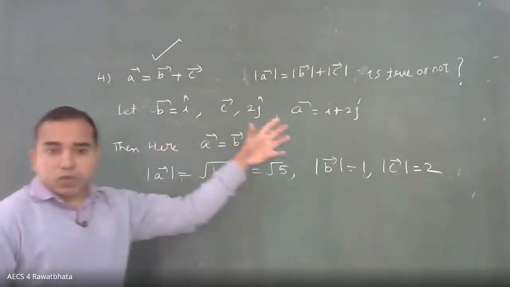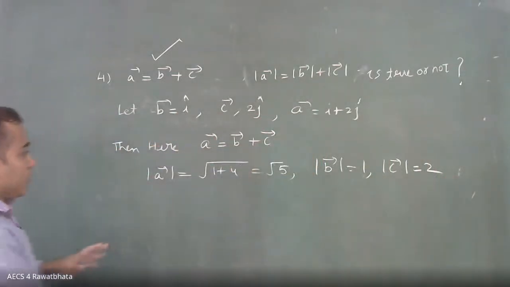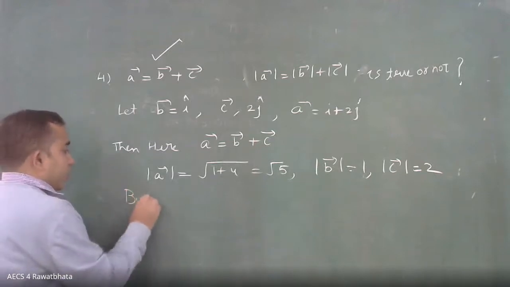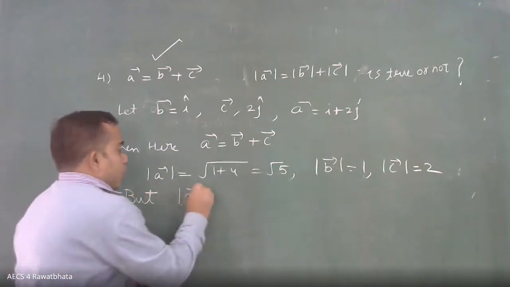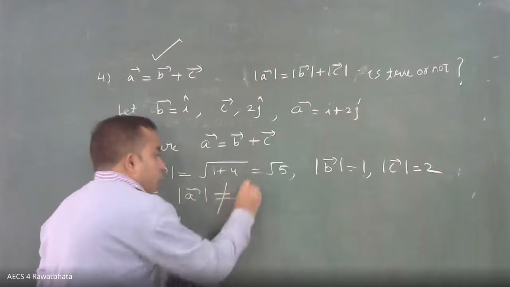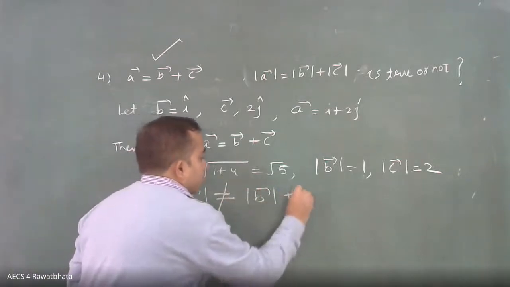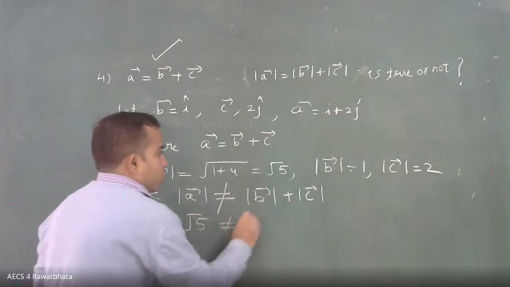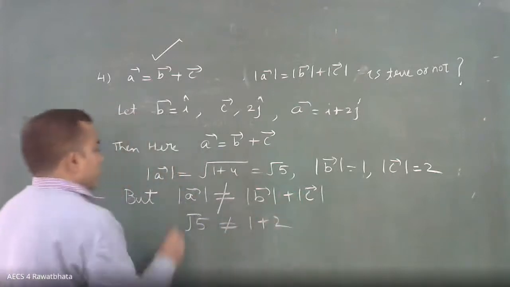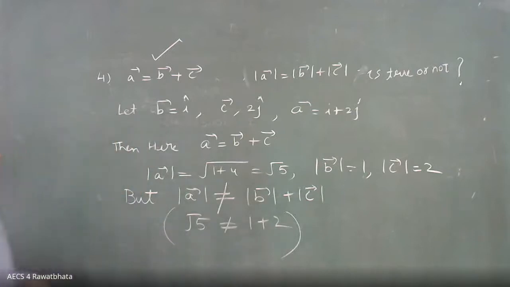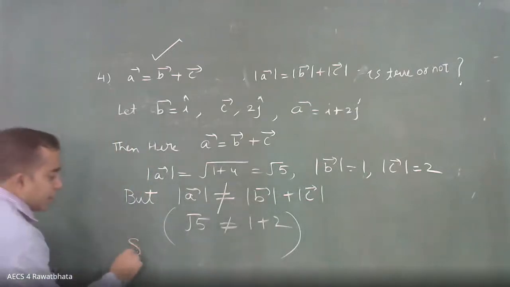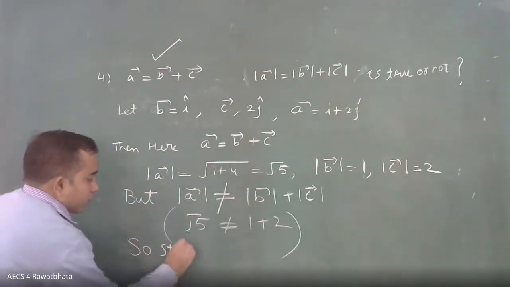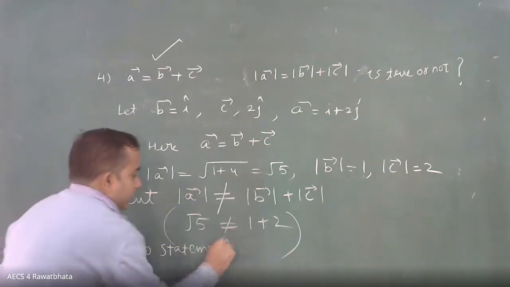So magnitude A is not equal to magnitude B plus magnitude C. Root 5 is not going to be equal to 1 plus 2. So what should I write? The statement is false.